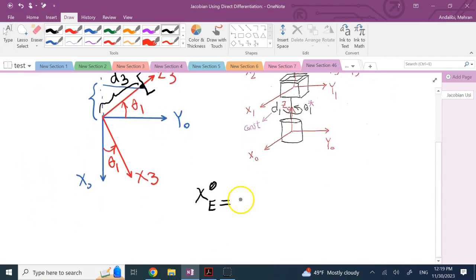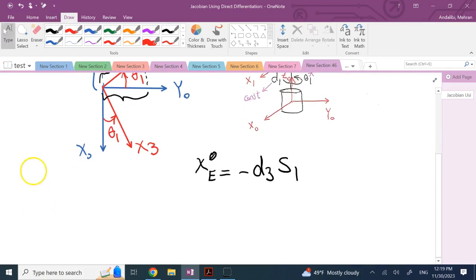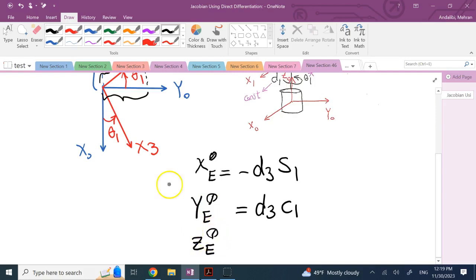So it is going to be negative d3 times sine of theta 1. And also if you project it along the y-axis, you have this offset, which is d3 cosine of theta 1, and this is going to be y of the end effector in base. And you also need z of the end effector in base.